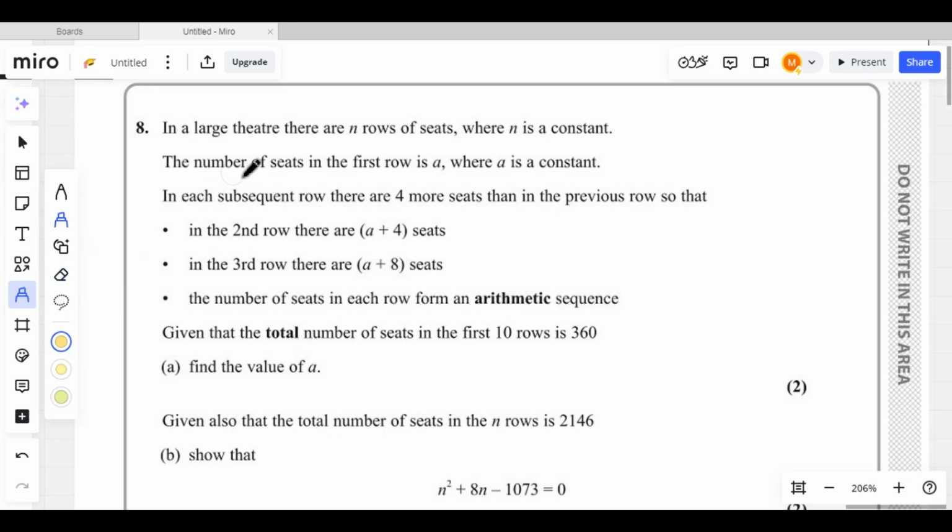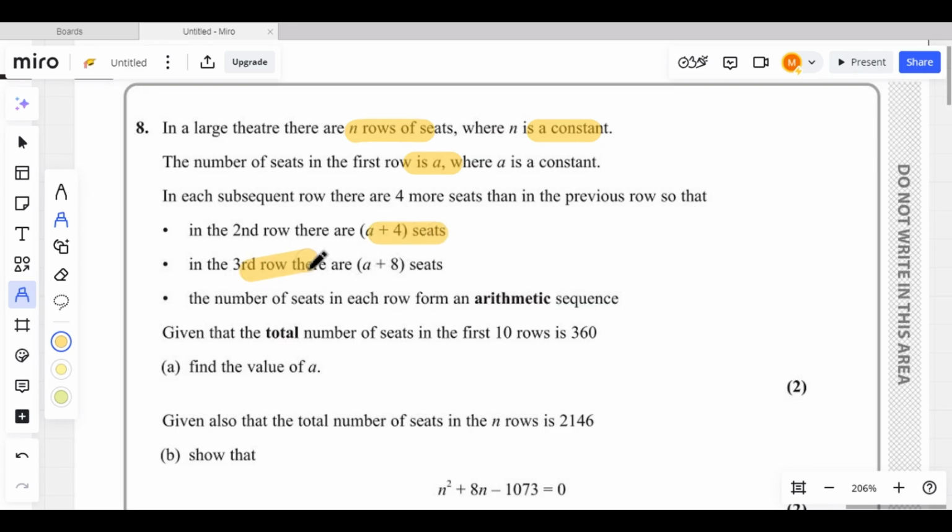In a large theater, there are n rows of seats where n is a constant. The number of seats in the first row is A. In each subsequent row, there are 4 more seats than in the previous row, so that in the second row there are A plus 4 seats.